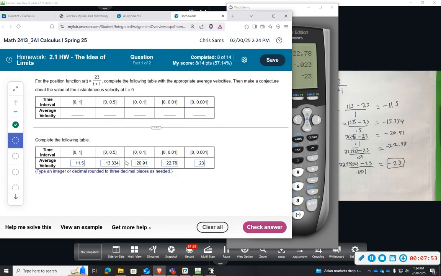So maybe they don't like some of the rounding. That's the only thing I could say, because I didn't type all the values in. So the more times you round, the more it throws out the answer.